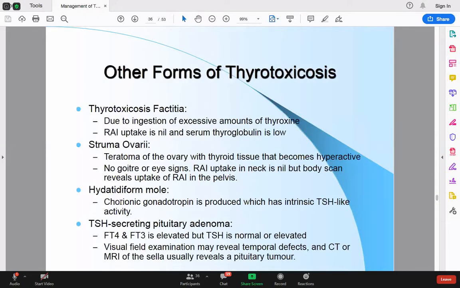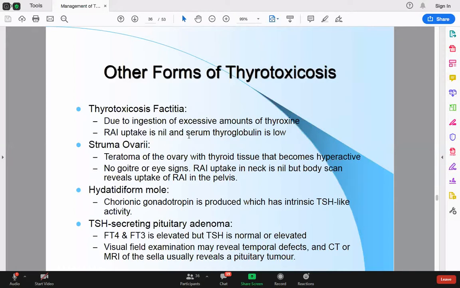Another very rare form of thyrotoxicosis is thyrotoxicosis factitia, basically taking excessive levothyroxine. And this has started to become common nowadays because people take levothyroxine for weight loss.